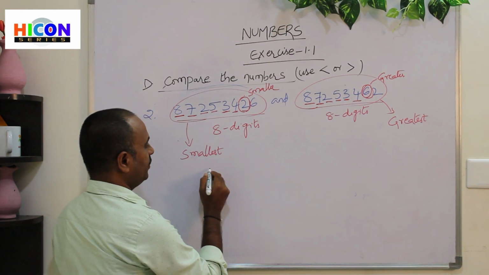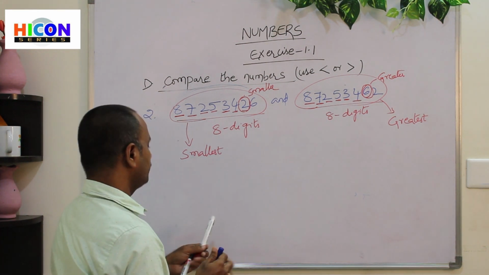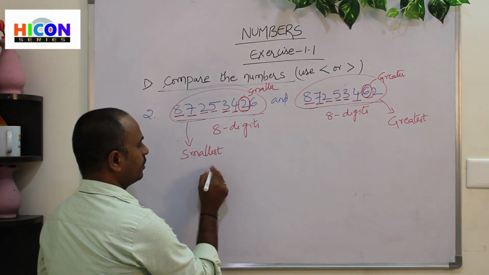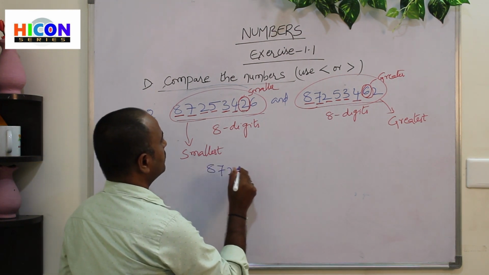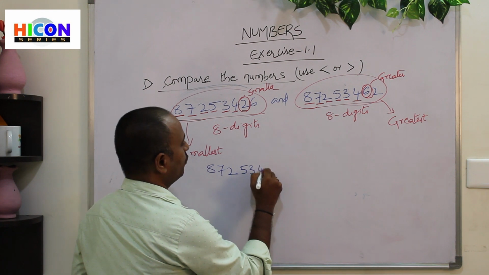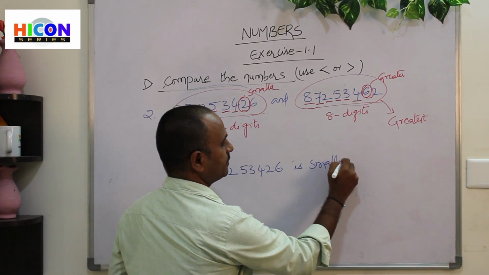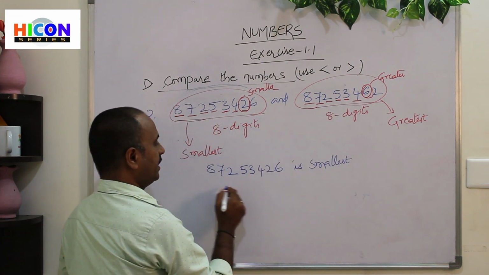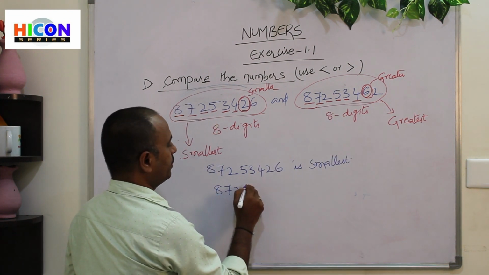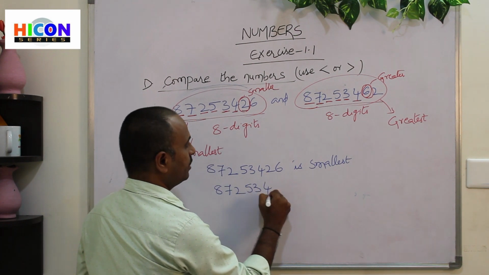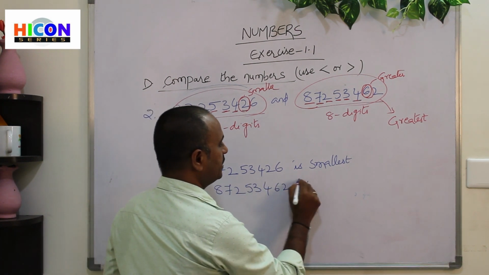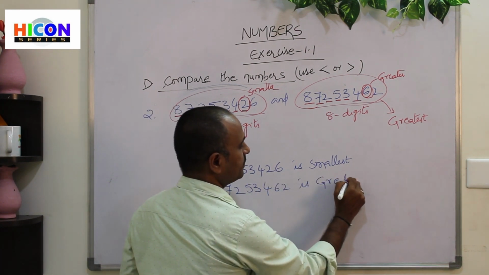So children, the first number 8 crores 72 lakhs 53,426 is the smallest number. And the number 8 crore 72 lakhs 53,462 is the greatest number.